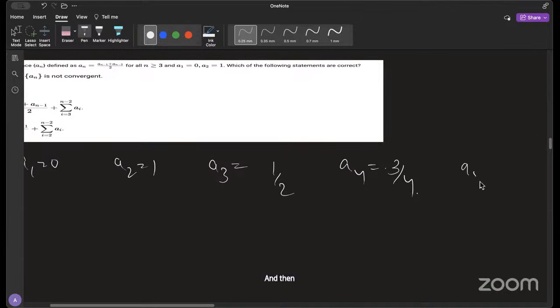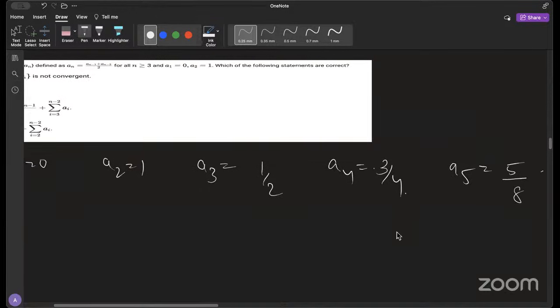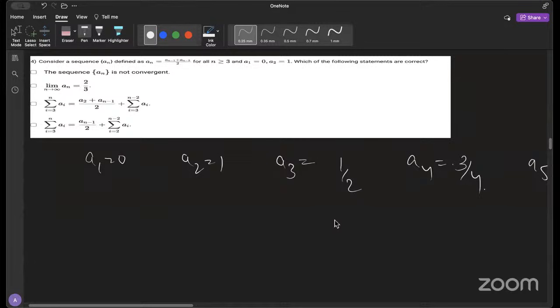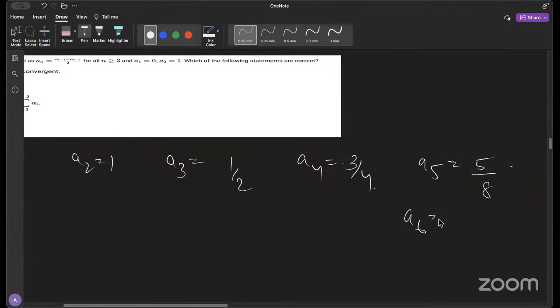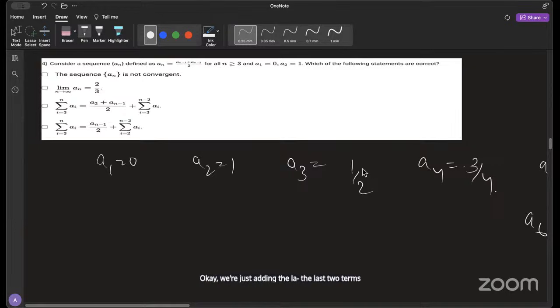And then a5, the sum of these two and then divided by 2, so it will be 5 by 8. For a6, we're just adding the last two terms and then dividing by 2.